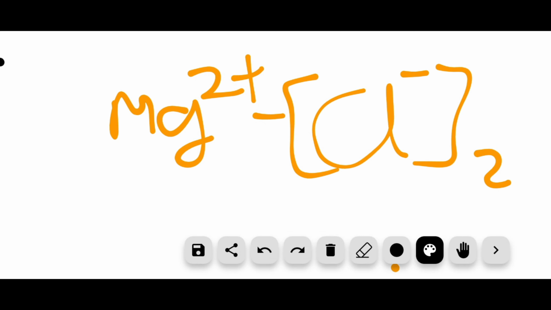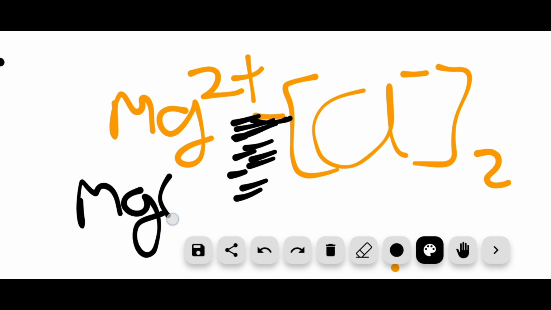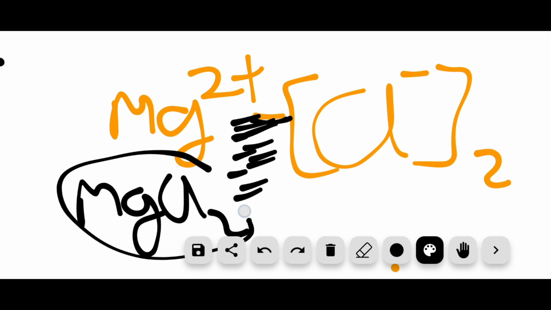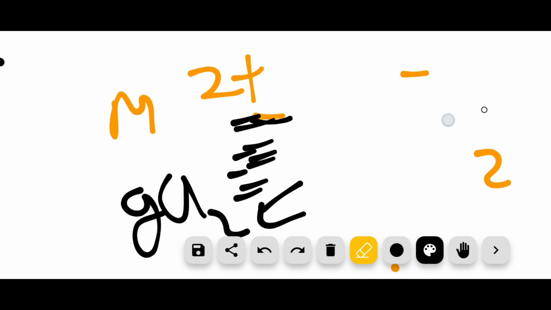So here the force of attraction between them forms the ionic compound, that is MgCl2. Here MgCl2 is formed. And basically there is an electrostatic force of attraction.